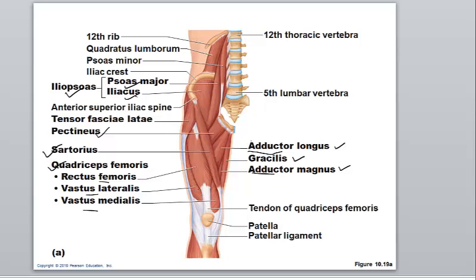It basically starts off from the hip bones and goes to your knee region. So its function is going to be to extend the knee and flex the thigh at the hip region. While it is attaching to the knee, it also stabilizes the knee. Remember I said the muscles that cross the joint actually stabilize the joint as well. So that's the function of quadriceps femoris.